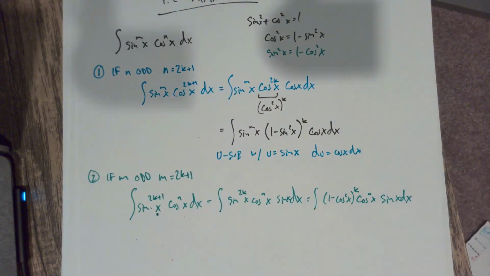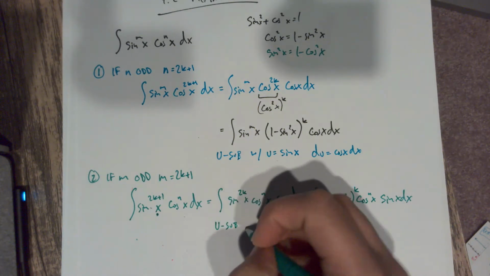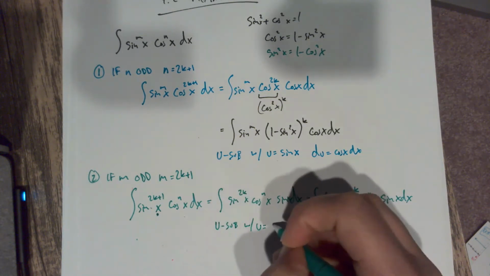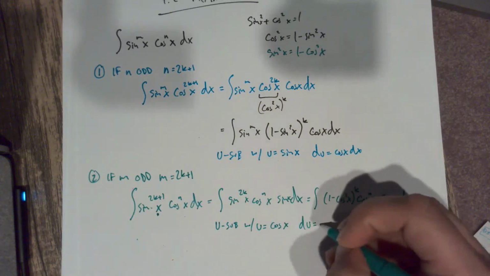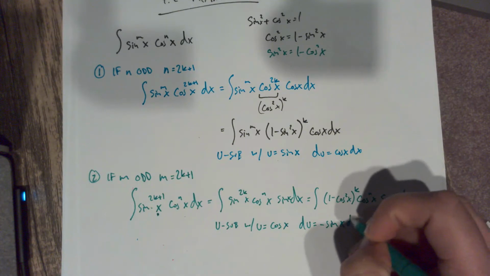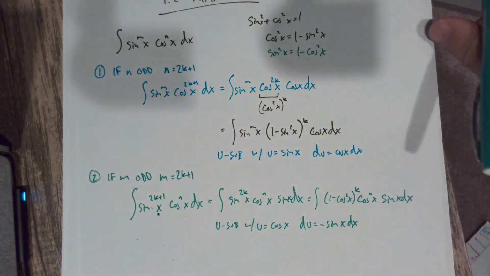Then we would do the same kind of thing. We would u substitute, and u in this case would be cosine, and then du would be negative sine x dx. And then you would go through and solve that using u substitution.